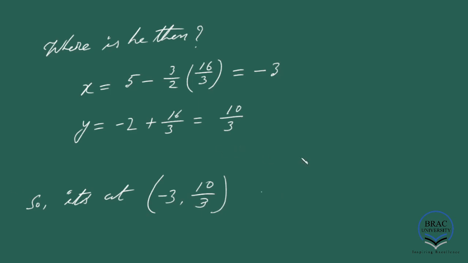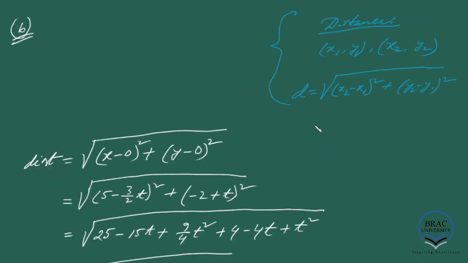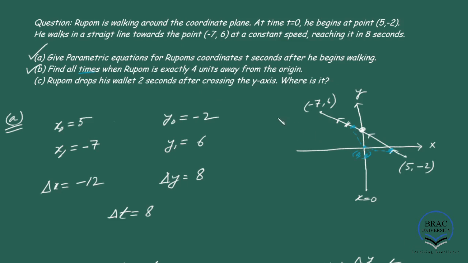To sum it up quickly, we found Rupam's set of parametric equations to indicate his location at any point in time from part A. From part B, I found that there are two different times when Rupam is exactly 4 units away.